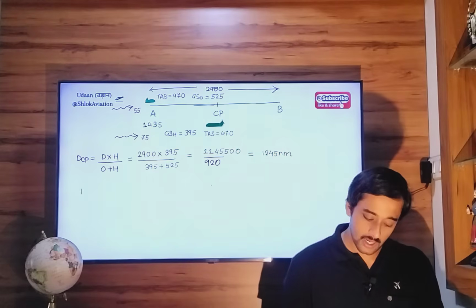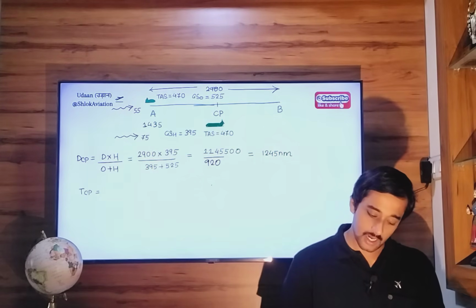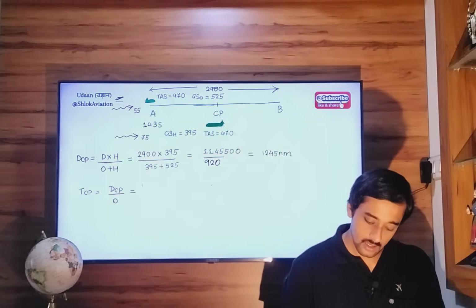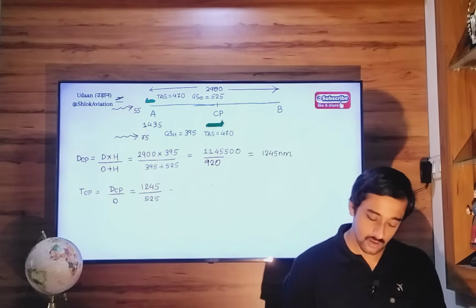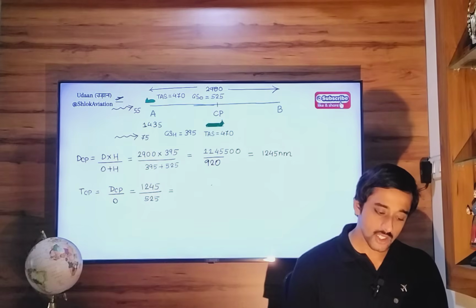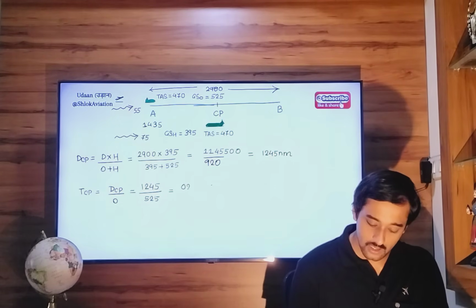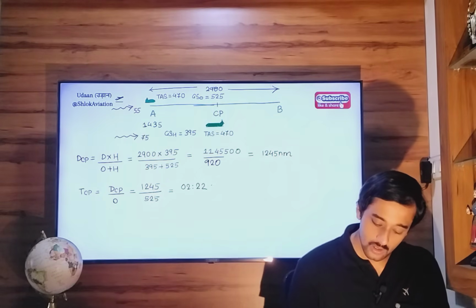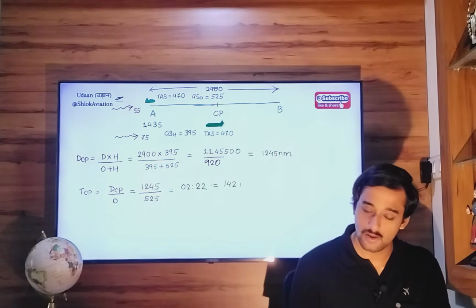What is time to critical point? Time to critical point is distance to critical point divided by outbound speed. That is 1245 nautical miles divided by 525. That is 2 hours 22 minutes or 142 minutes. Okay.